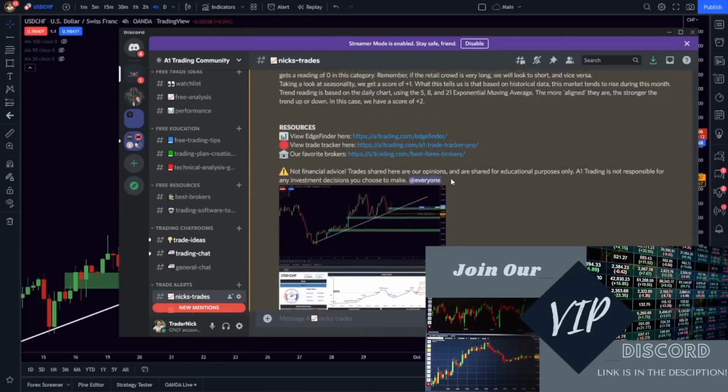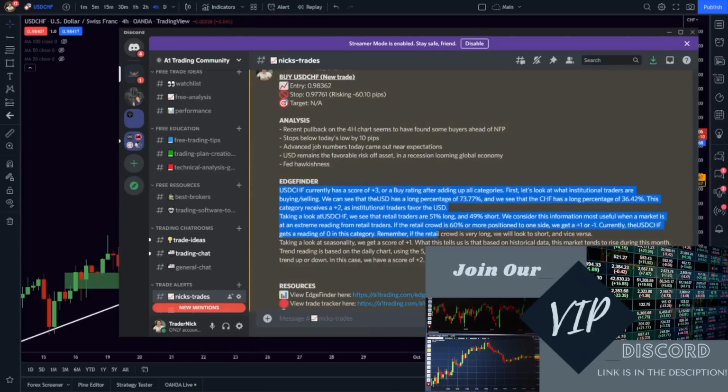So with every trade, I like to share a full breakdown, the full Edge Finder description, as well as why I'm taking this trade. So overall, from a fundamental perspective, some key notes here are that the dollar remains a favorable risk-off asset in this whole recession looming, global economy drop-off situation that we've been seeing.